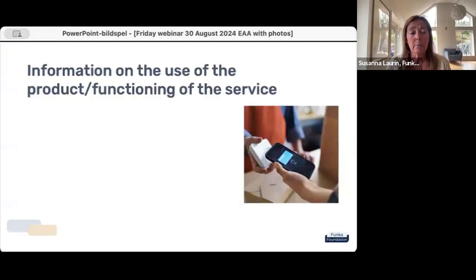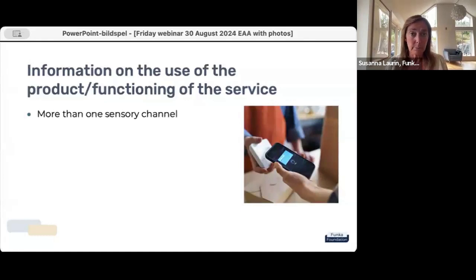So in the requirements, there are also requirements on the information on the use of the product and the functioning of the service. The first part here is to make sure that the information can be handled with more than one sensory channel.